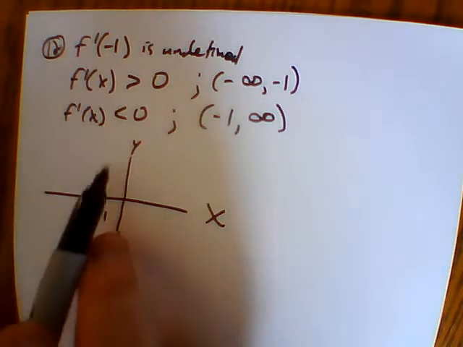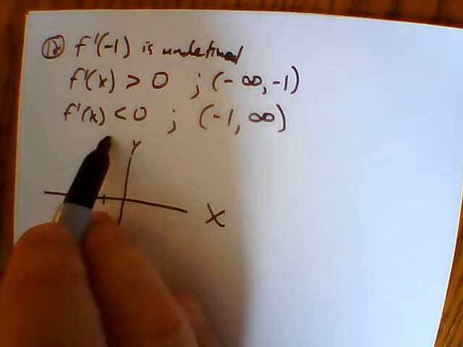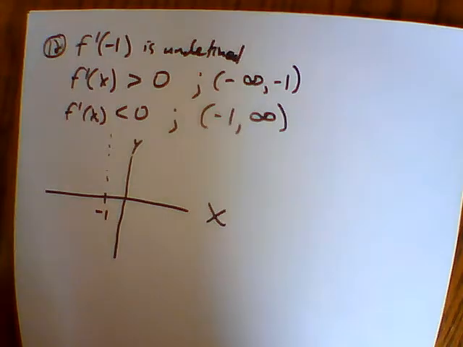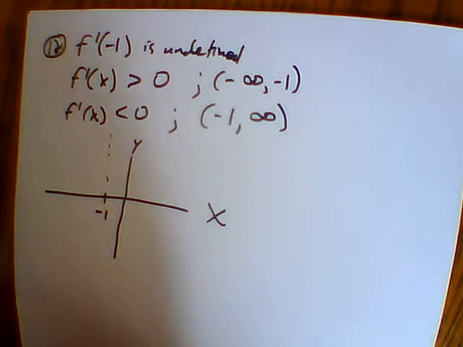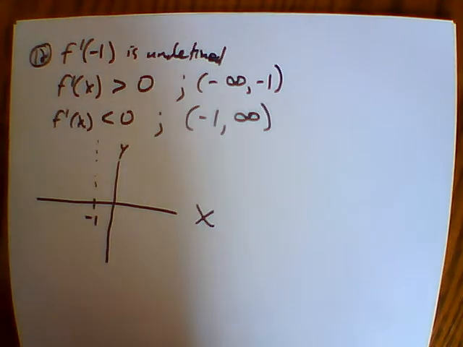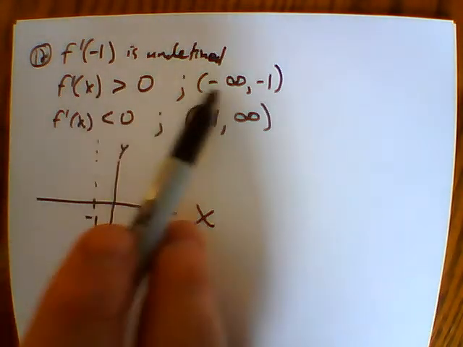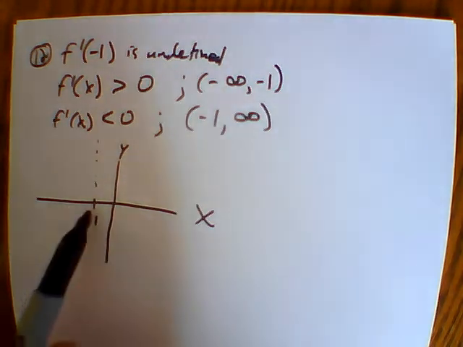So this is kind of a breaking point in here. This dotted line really isn't here, but I'm just using it so we can see what's going on overall. As we consider this, we start looking at when we're less than -1.